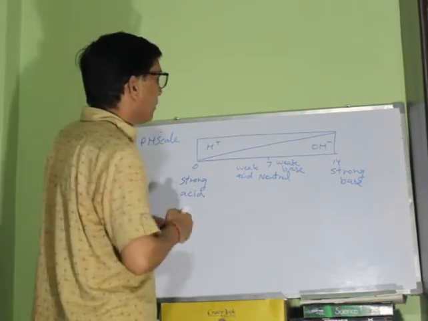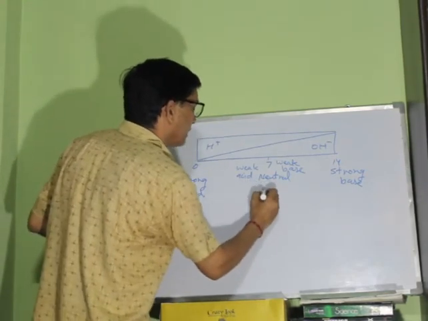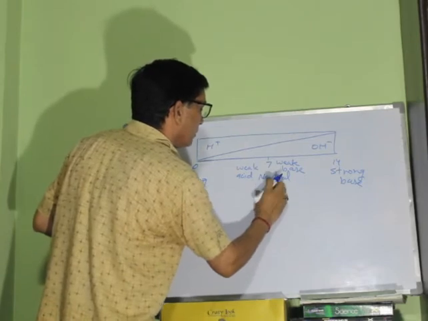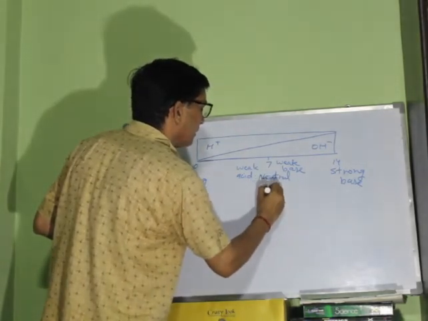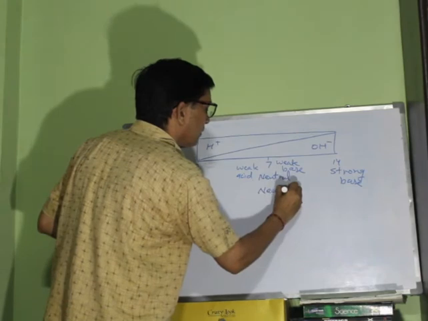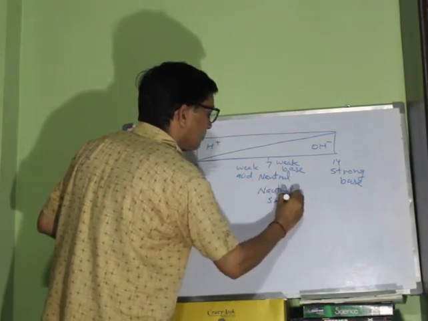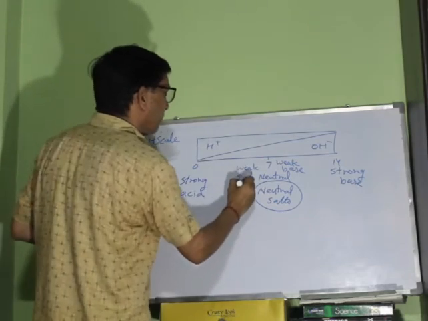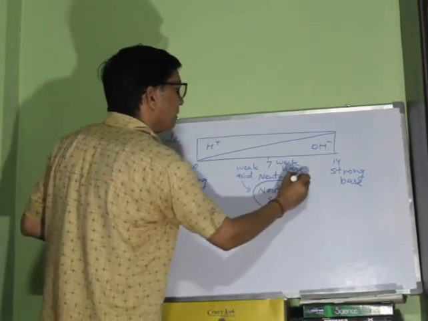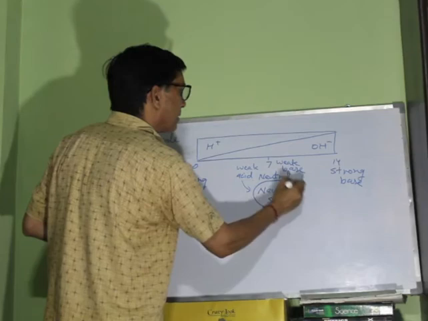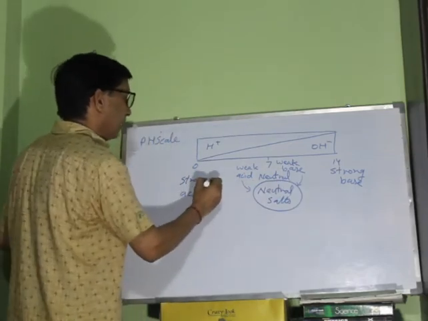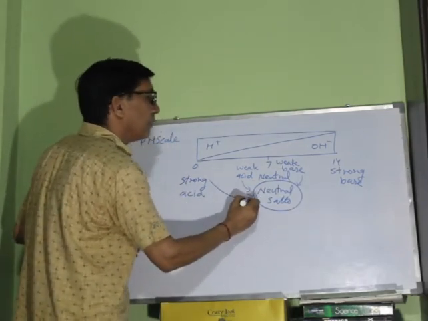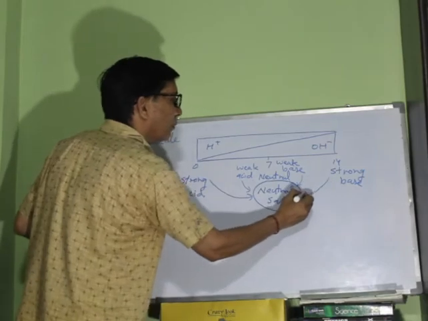Neutral salts are formed when a weak acid reacts with a weak base, or when a strong acid reacts with a strong base.